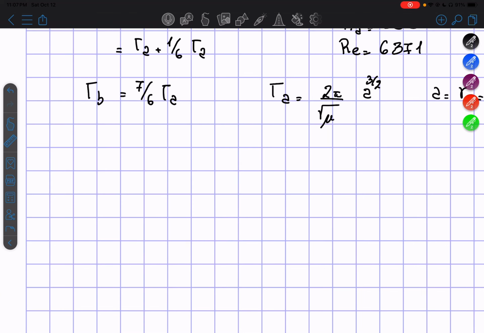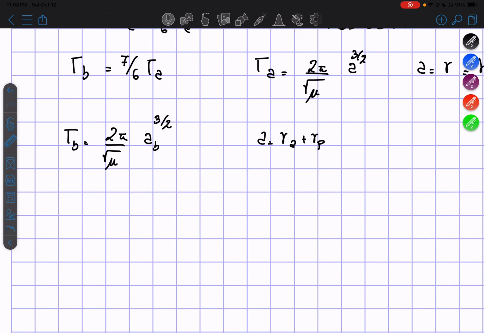TB is going to be the period of B. Oh, we need to find the apogee altitude, but anyhow, we're going to start with TB. We said it is going to be equal to 2 pi as well divided by square root of mu times a of B, the semi-major axis of satellite B, to the power of 3/2, and a is simply equal to RA plus RP, the radius at apogee plus the radius at perigee, all over 2.